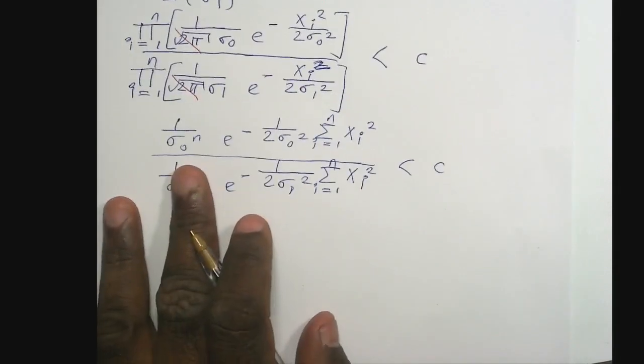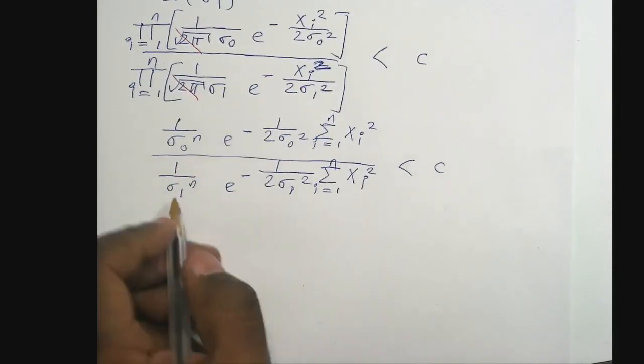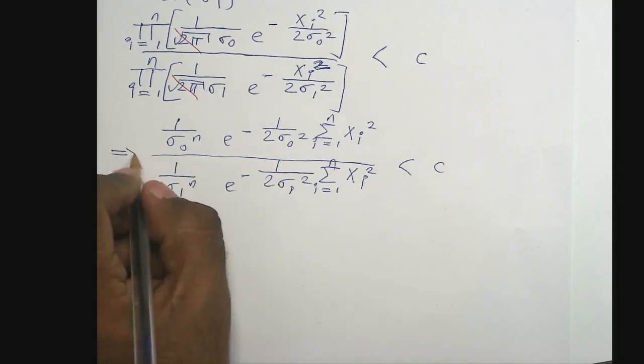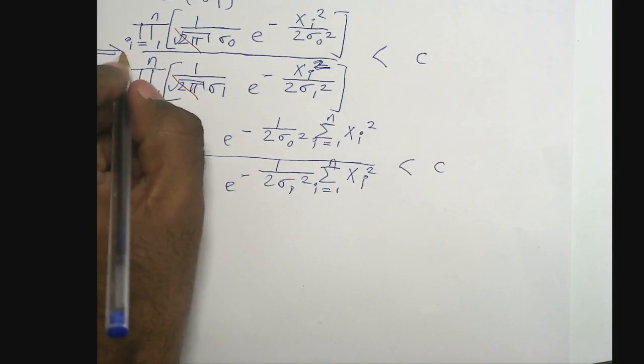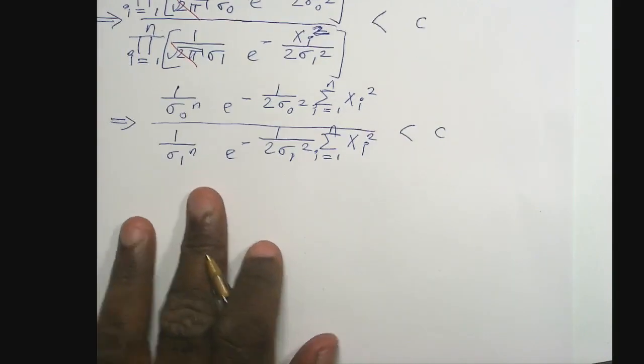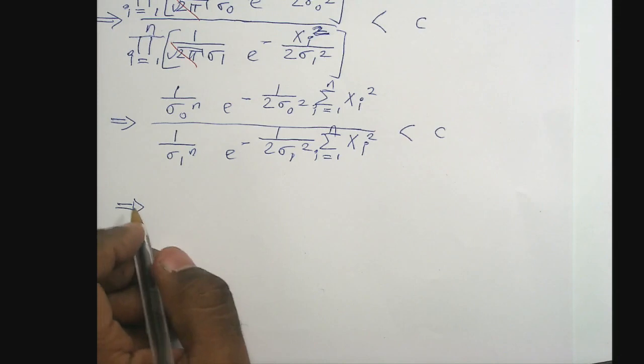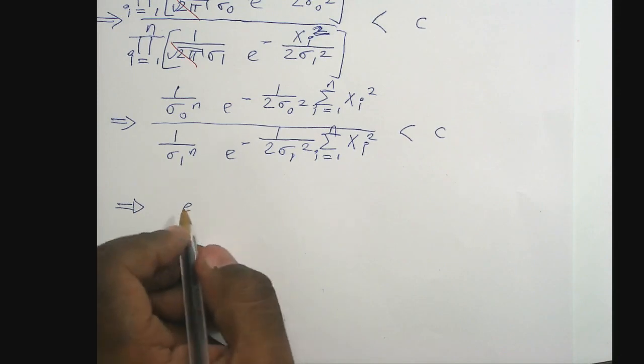These two terms I'm going to take to the right hand side, and these two you can combine. So this will become E to the power of something.